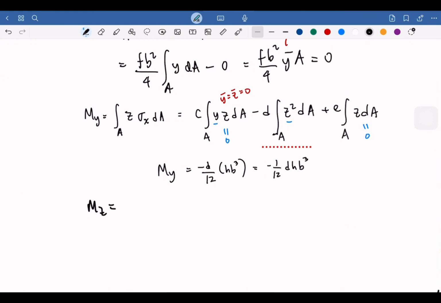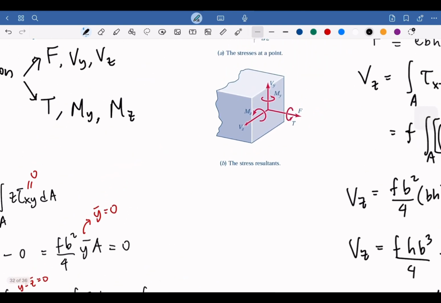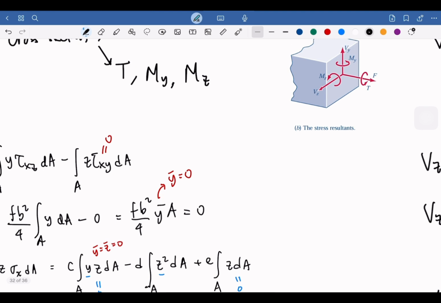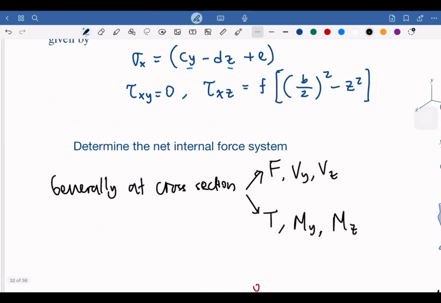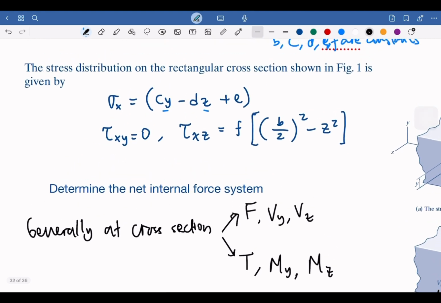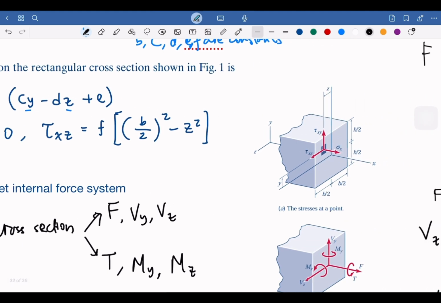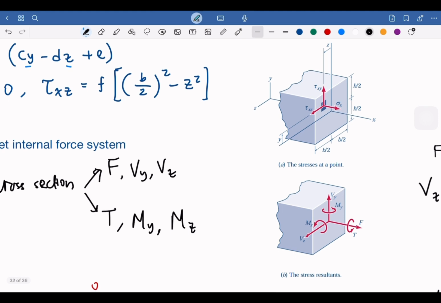And based on what we have here for the M z, the sigma x is on that part, it should be negative, right?